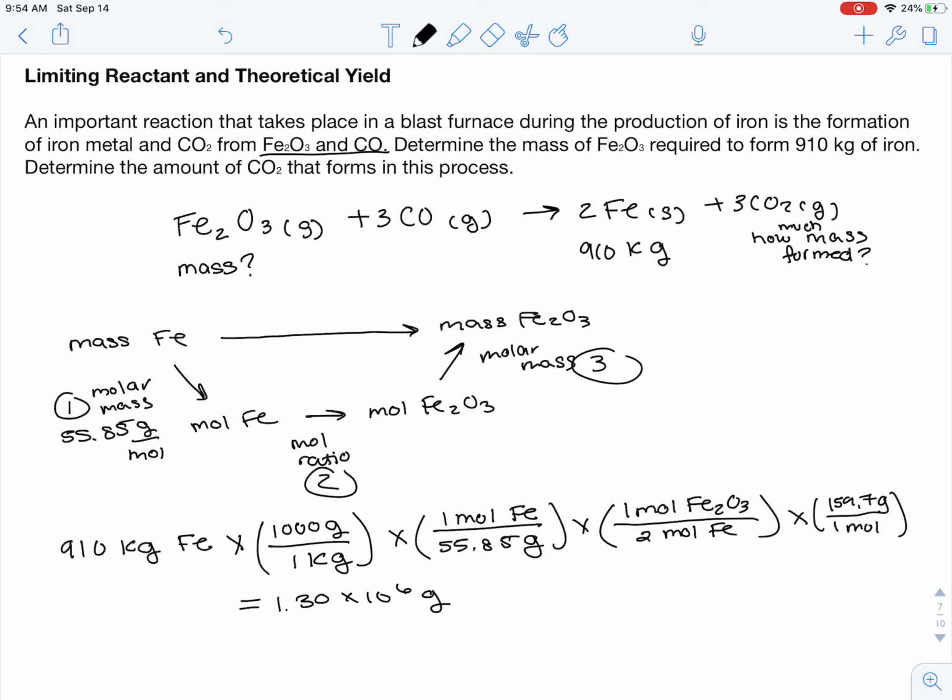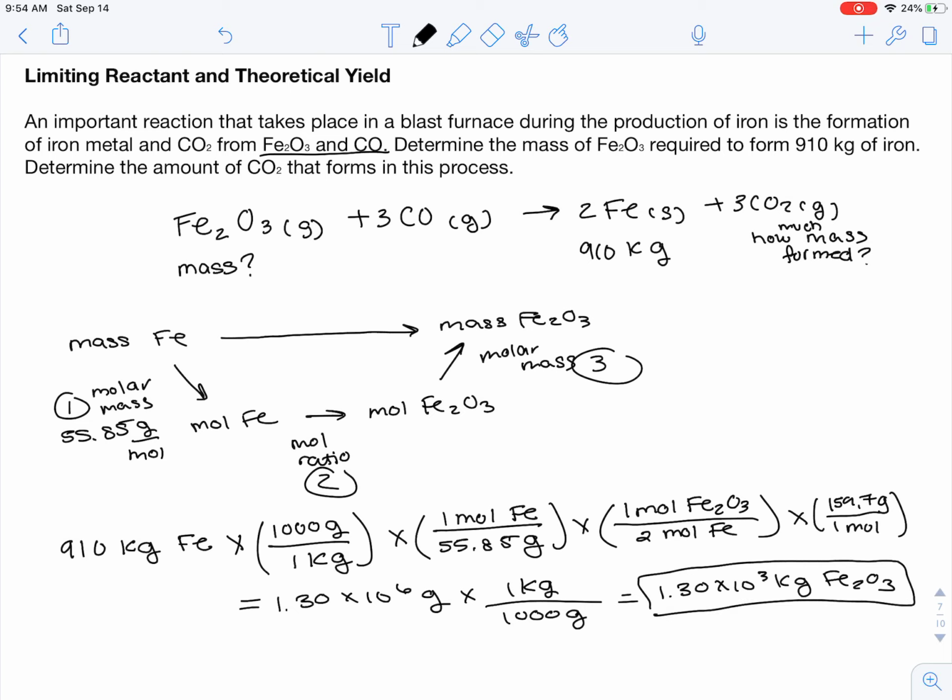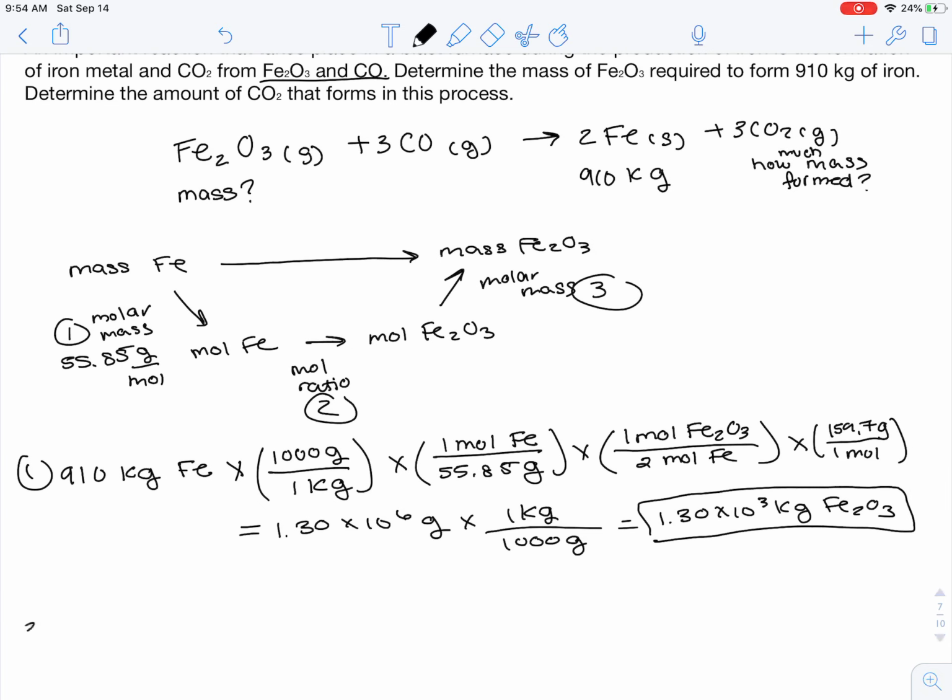Since I was given kilograms originally, I'm going to take one more step and go back to kilograms. And therefore, my answer is 1.30 times 10 to the 3rd kilograms of iron(III) oxide was used to make 910 kilograms of iron.